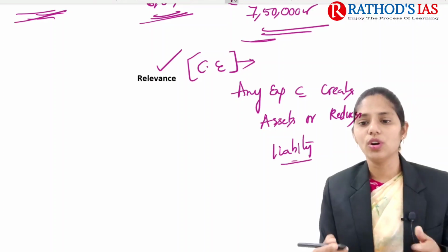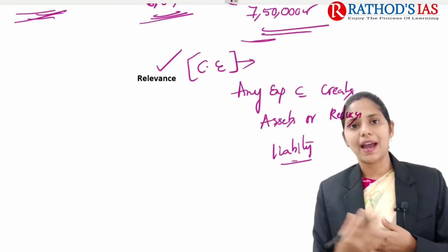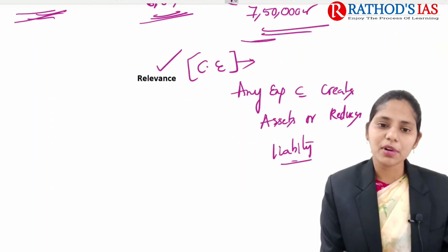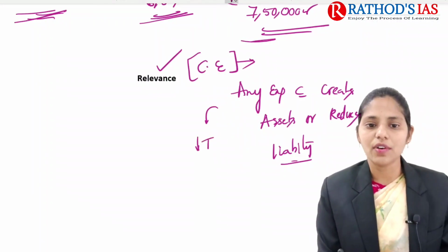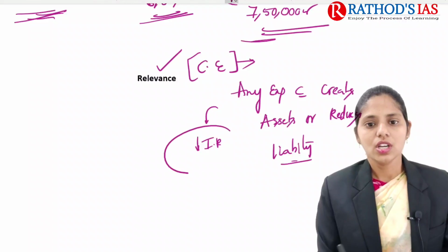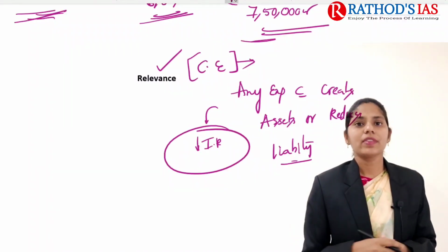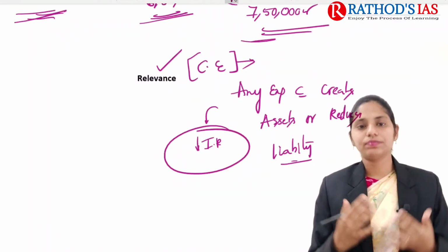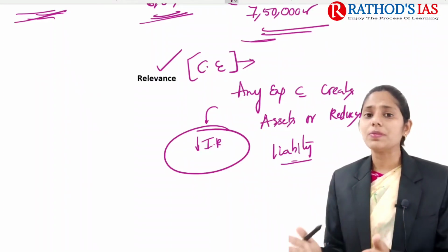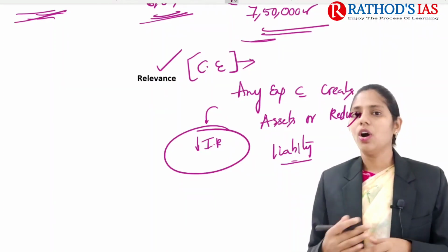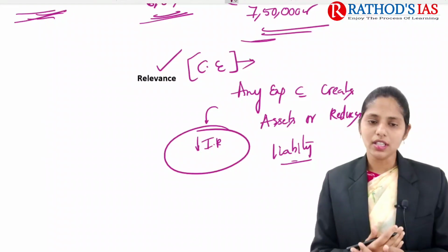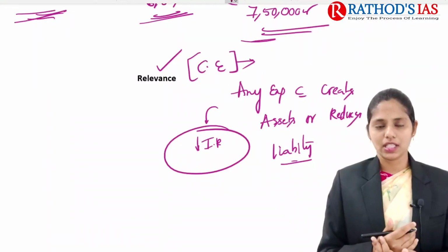Liability is nothing but old loans, so whenever you are paying back your loans, we can decrease our interest payments, right? So capital expenditure is any expenditure which mainly creates an asset, or reduces the liability, and that mainly comes under capital expenditure.